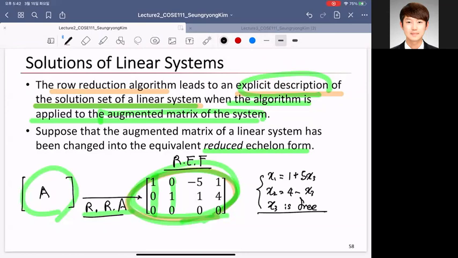Right? So it's going to be an infinite solution. So this is the parametric description of your solution set.